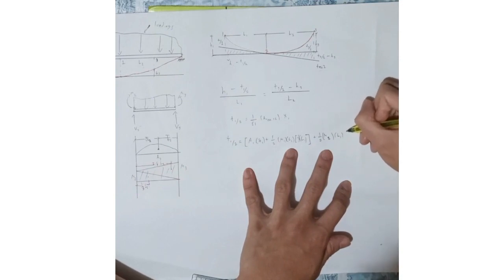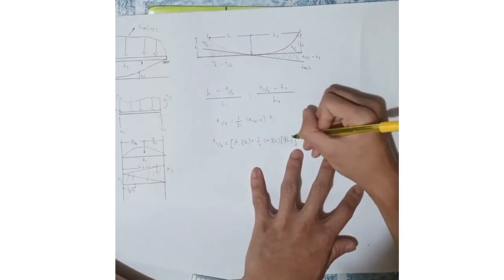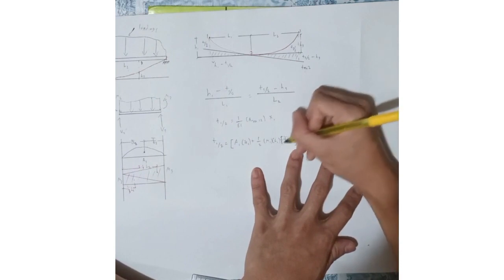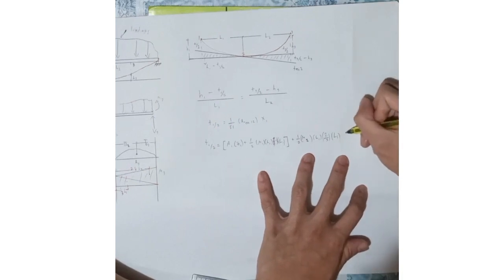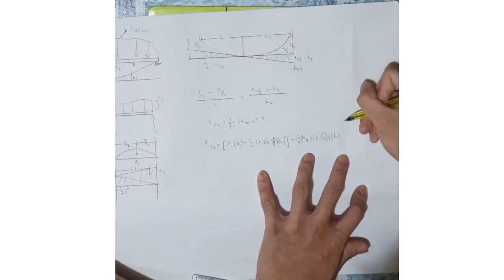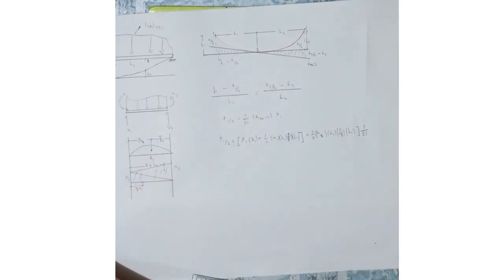then the 2/3, so this is 2/3 l1, then times the moment inertia.